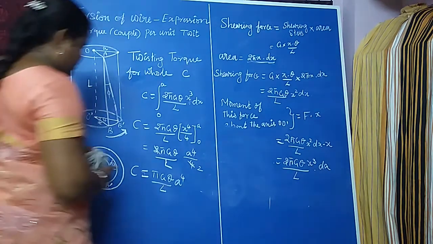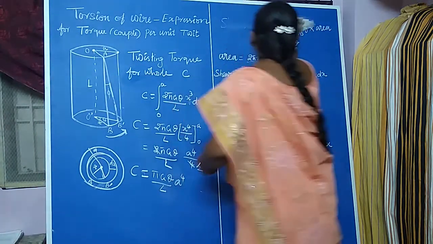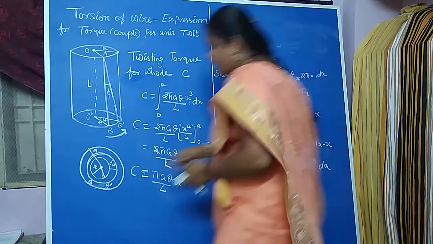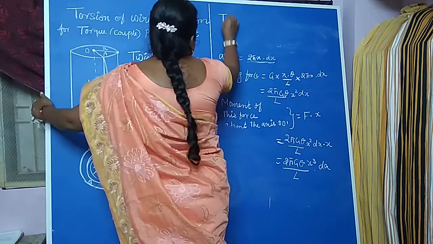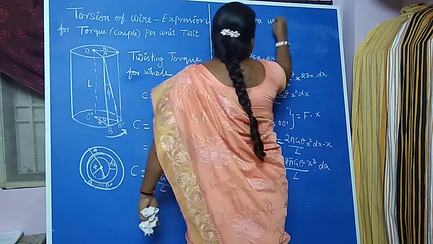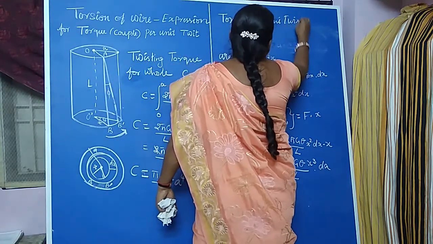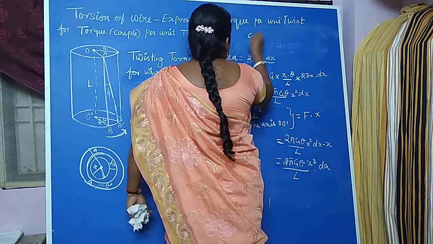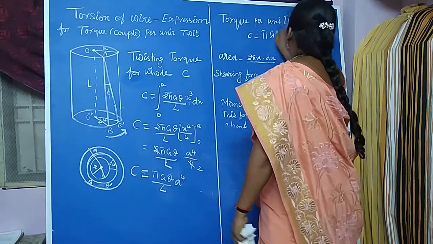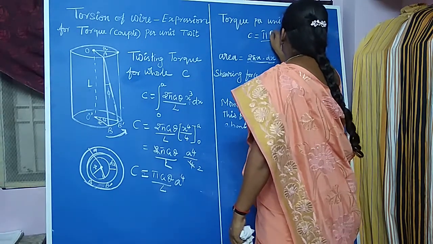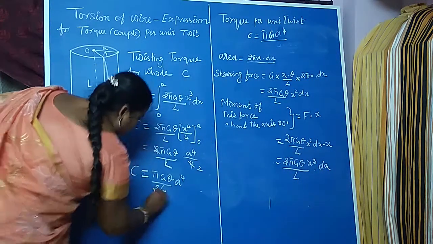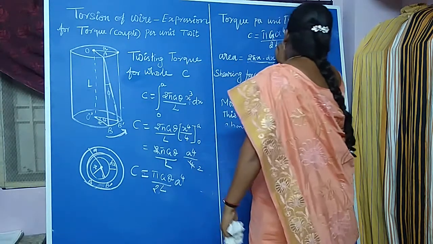Next, torque per unit twist is equal to pi G a power 4 by 2L.